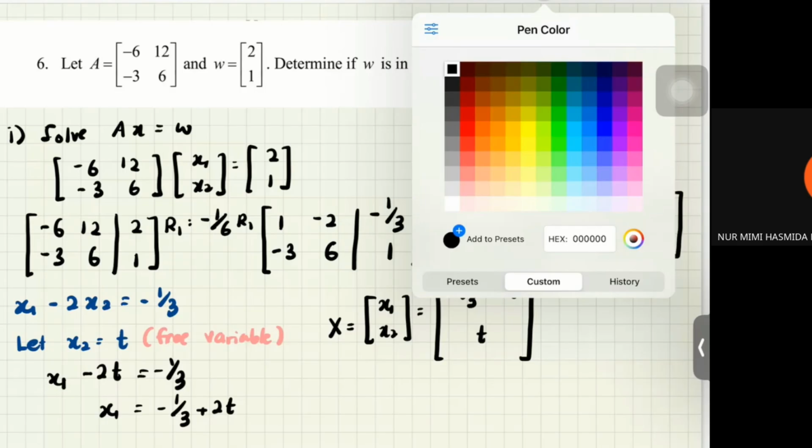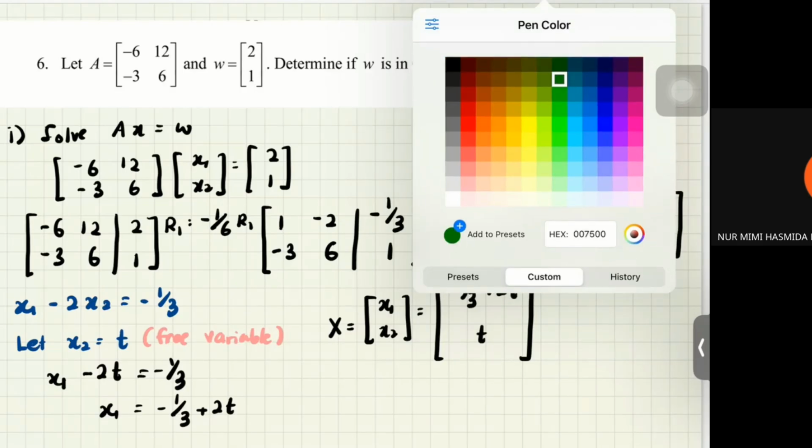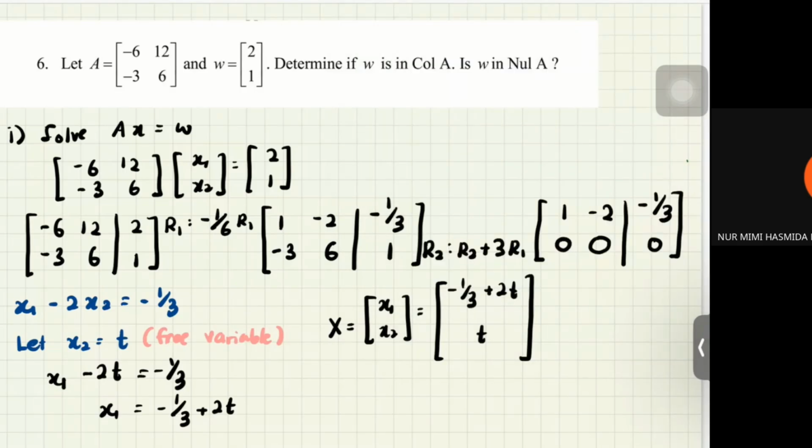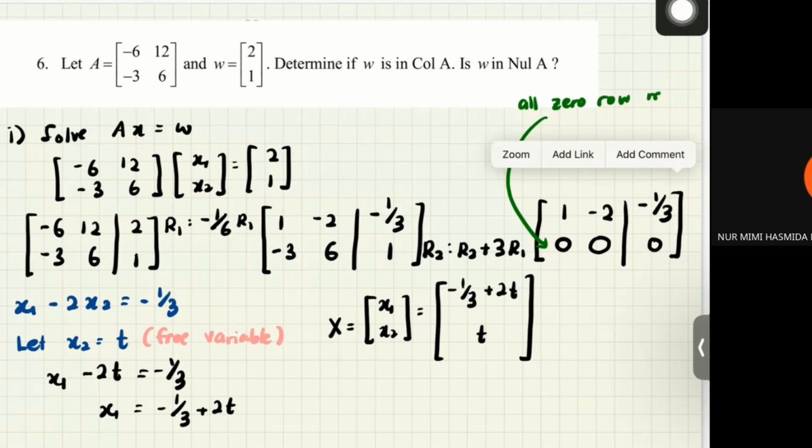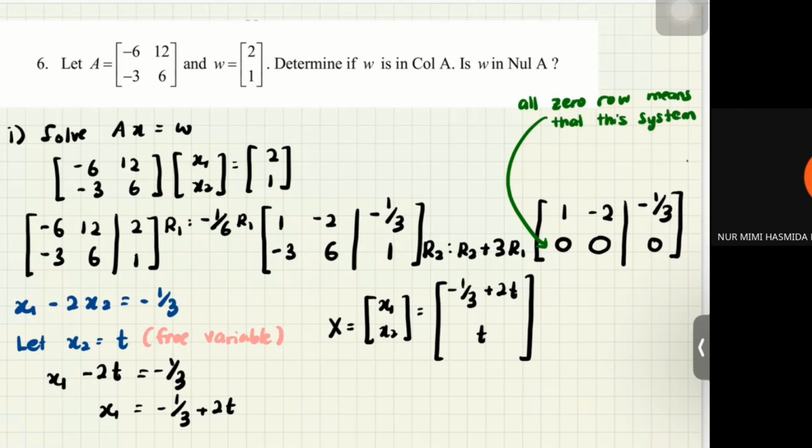All 0 row means that this system has infinitely many solutions.